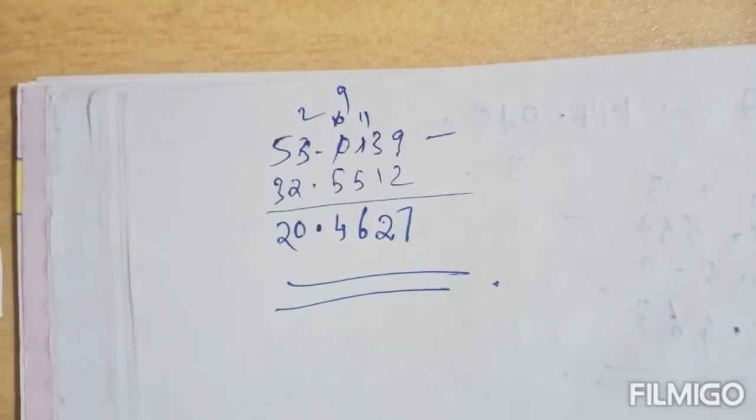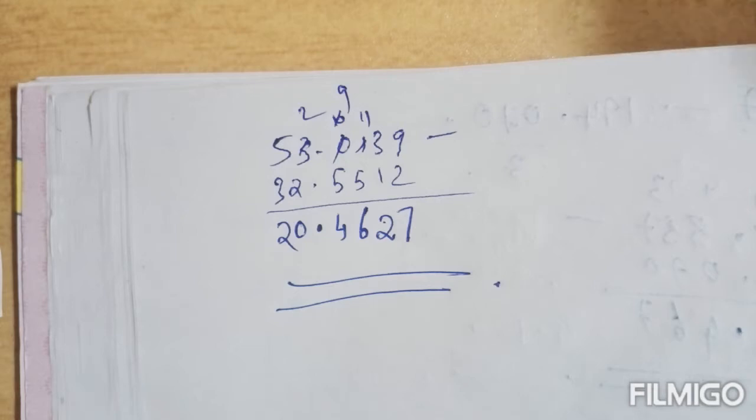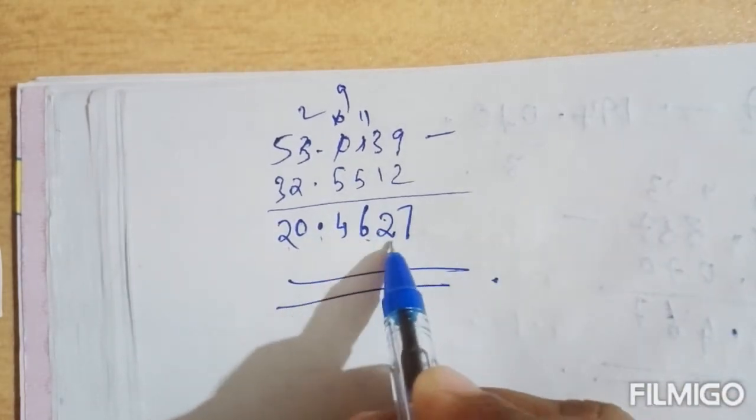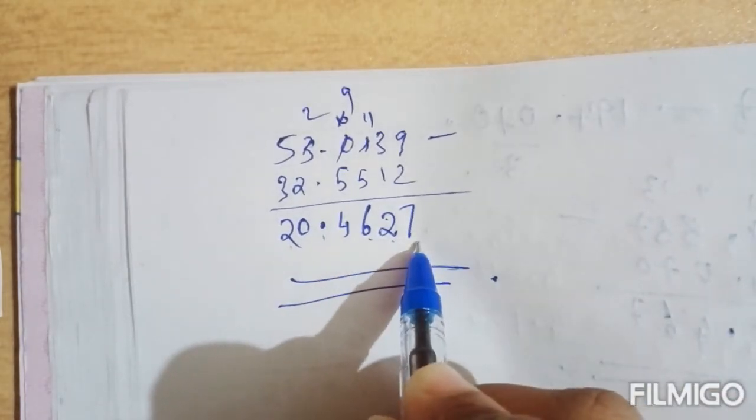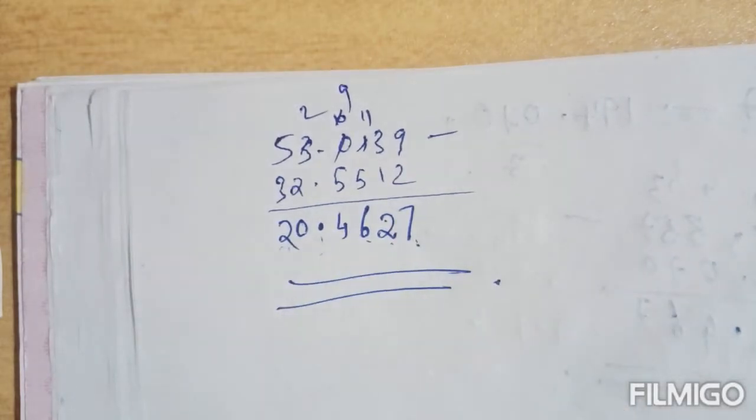So the sum of 18.0495 and 34.9644 exceeds the sum of 7.6752 and 24.876 by 20.4627. Okay, this much the first sum is greater than the second sum.